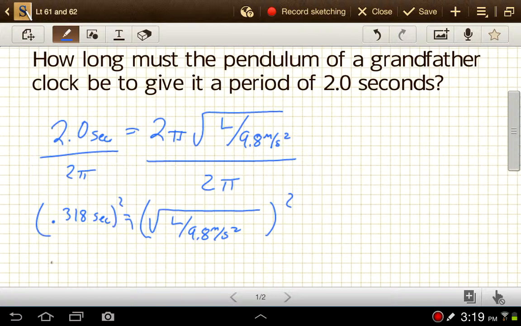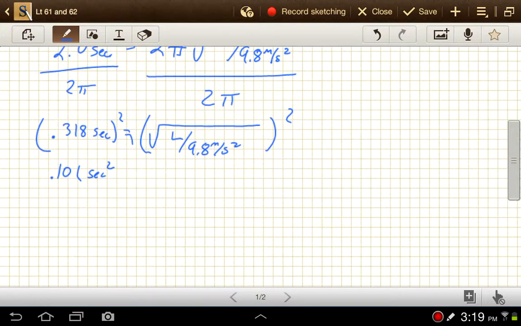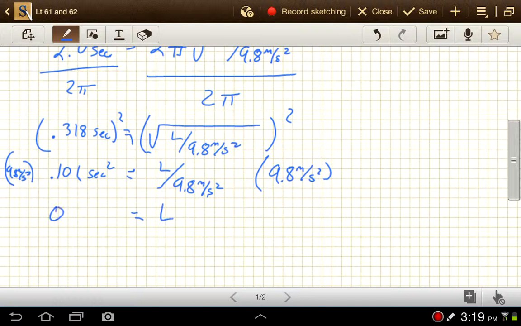And get 0.101 seconds squared is equal to L over 9.8 meters per second squared. And then both sides times 9.8 meters per second squared gets us a length of 0.993 meters.